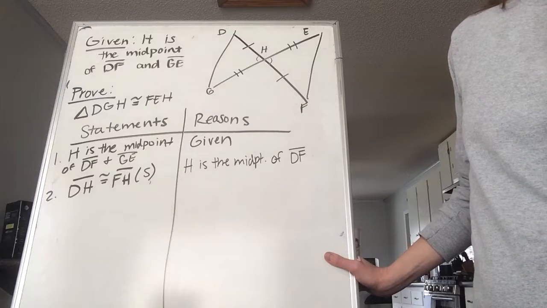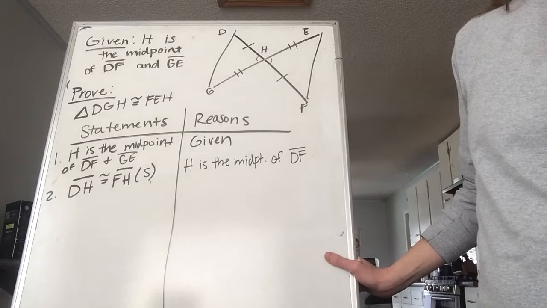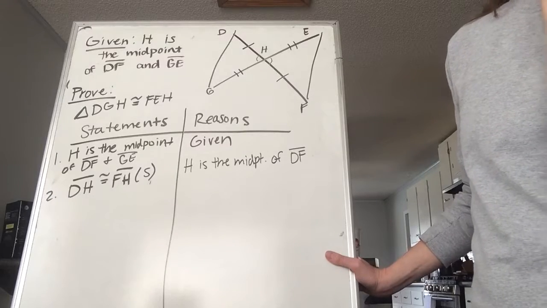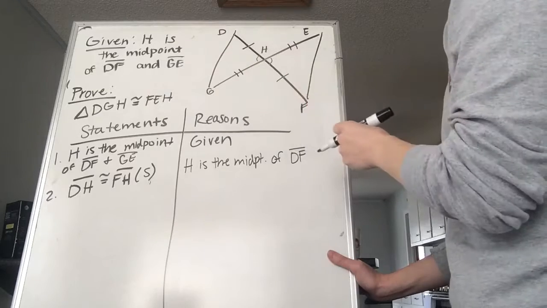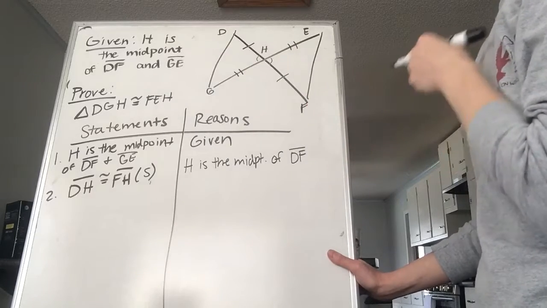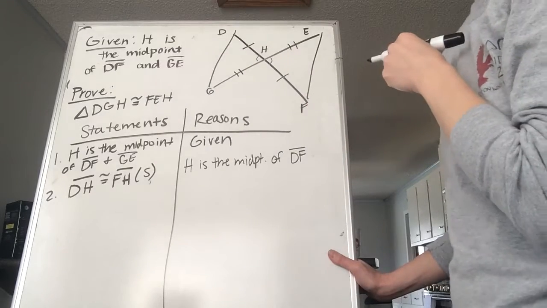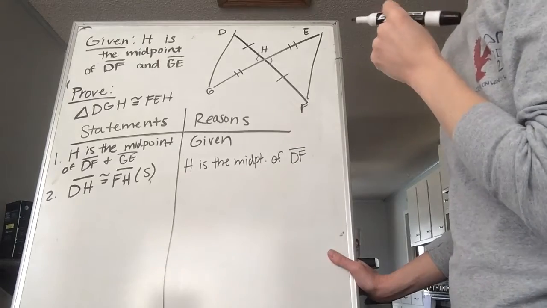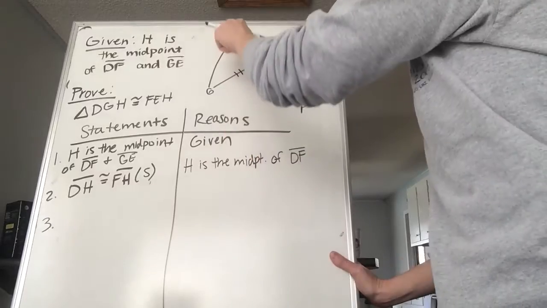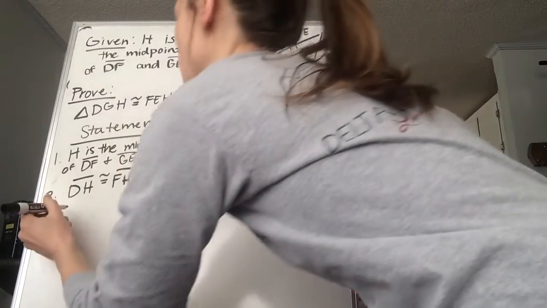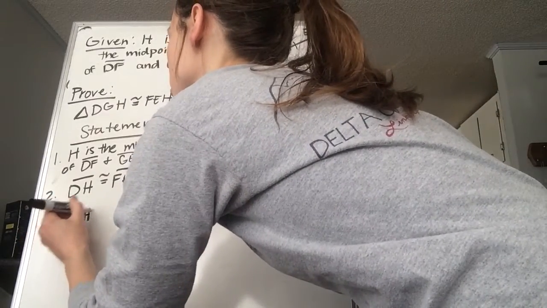Okay, next, he actually jumps to the angle, so we can look at that. What can we say about these two angles? What is the relationship there? How can we establish their congruency? So they are actually vertical angles. And when labeling them, we want to start with DHG. So angle DHG.